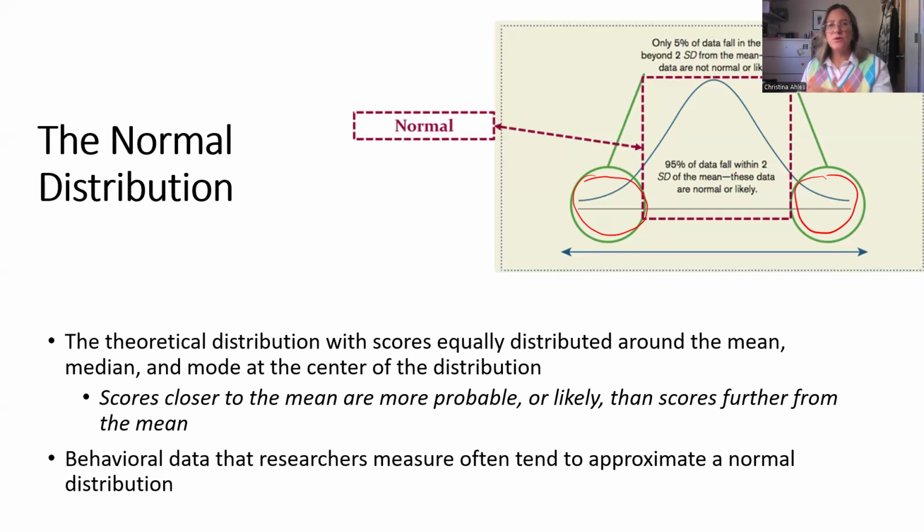So often what we're doing is using the normal distribution to find out whether our samples are normal and very likely, or whether it's an abnormal sample, or something is happening that is not probable. That's the ultimate rationale for using probability and the normal distribution. We know that beyond about two standard deviations from the mean, 5% of the data will fall in those tails. So that 5% is very unusual or unlikely.